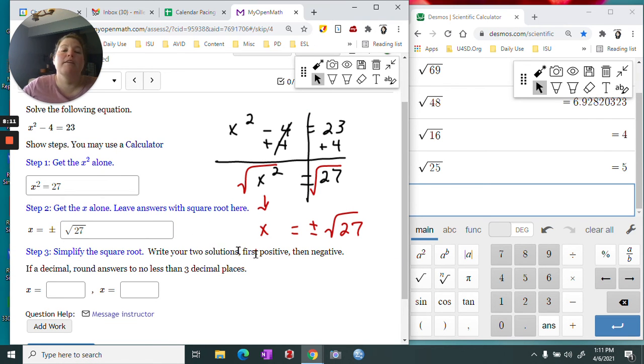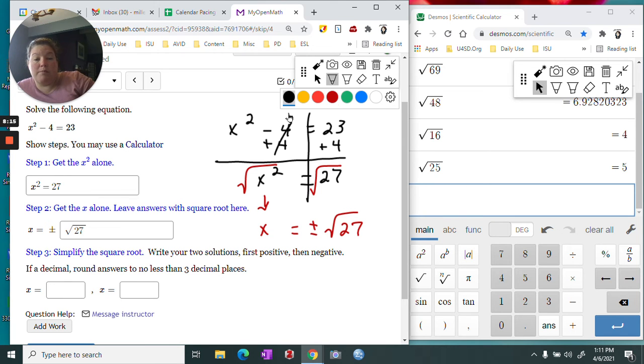Okay? Now we simplify the square root. Bring this down, and then here we are using our approximations. I should have been using approximations all the time for our decimal answers.